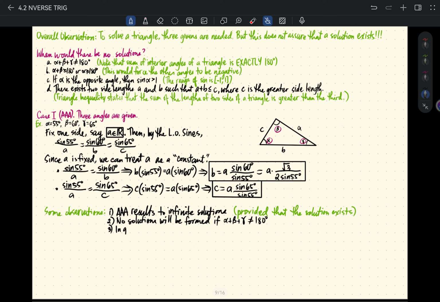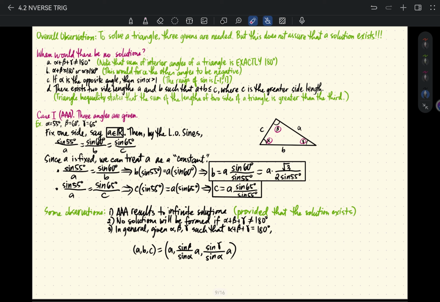In general, given alpha, beta, gamma, such that alpha plus beta plus gamma equals 180 degrees, we can write the three sides A, B, C as, first, we fix the first side, we fix A, and B and C can be written in terms of A. So you have sine of beta over sine of alpha times A, and sine of gamma over sine of alpha times A. So just like what we have seen here, your B is A times sine of beta divided by sine of alpha.